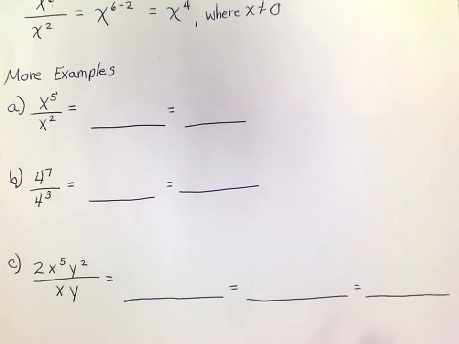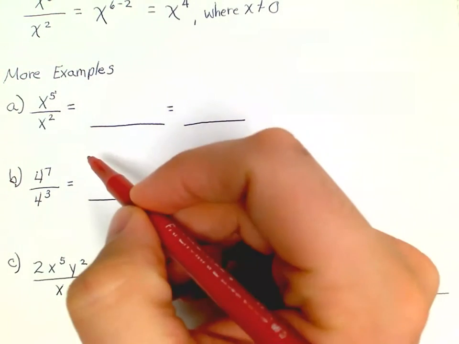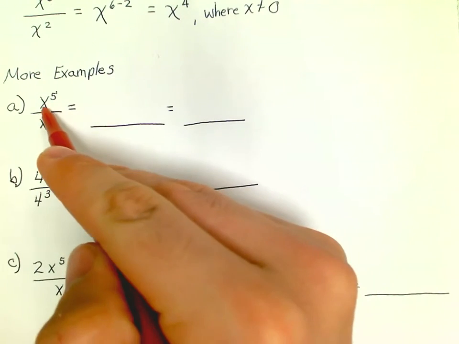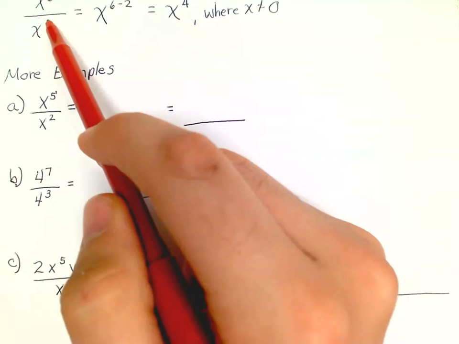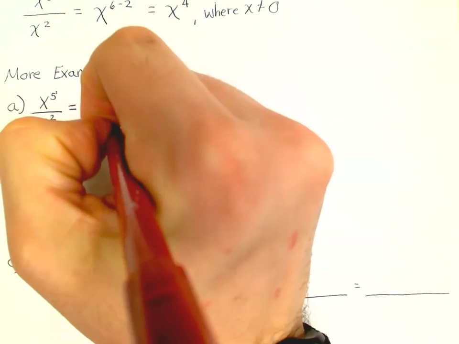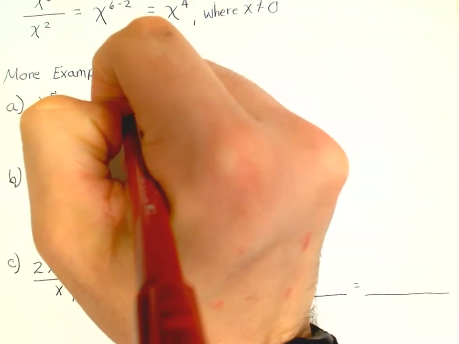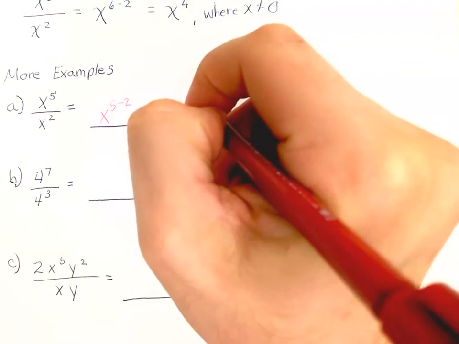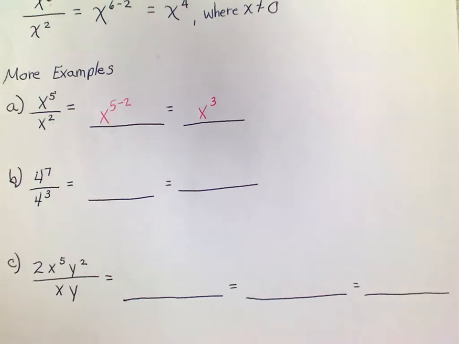So let's look at some examples. Example A, we are just going to have x to the 5th over x squared. Just as we did in the example before, let's subtract the two exponents. So we're going to have x as the base raised to the power of 5 minus 2, or we're just left with x to the 3rd power, or x cubed.